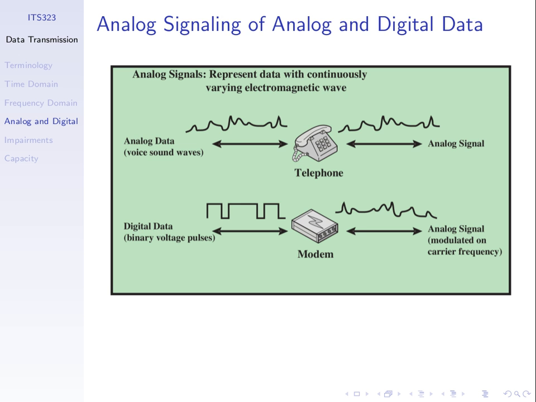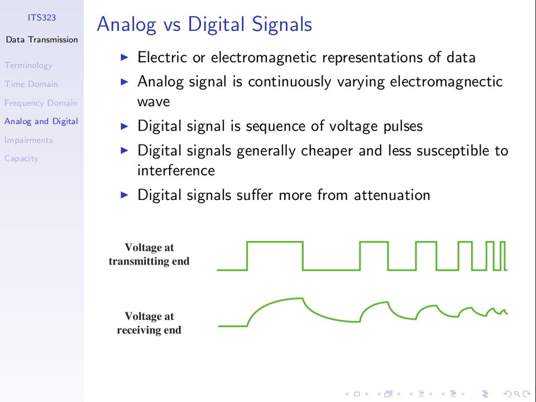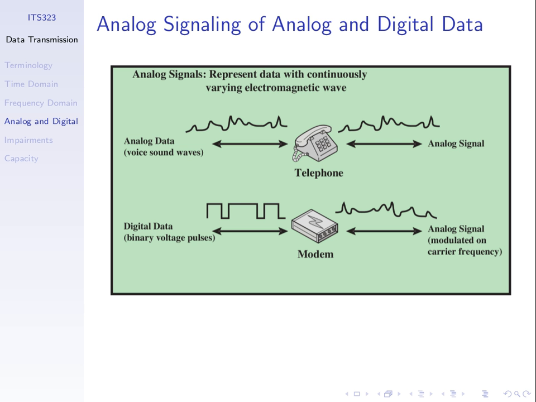So we can have either analog or digital data, and we can transmit that data as either analog or digital signals. So 2 types of data, 2 types of signals, 4 combinations we can have. We transmit our data as signals. We'll go through those 4 combinations and give you examples.